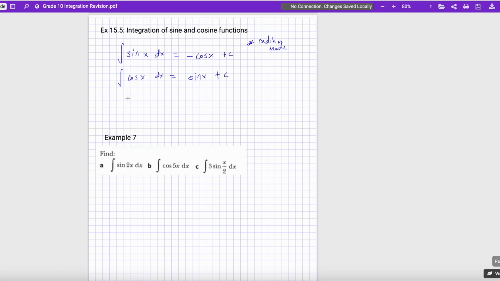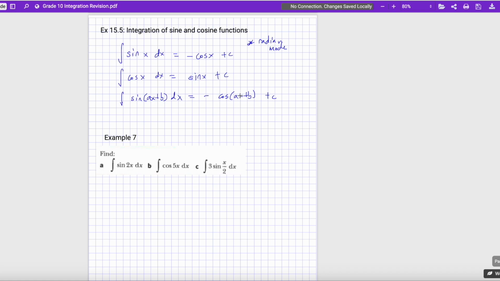Next, let's look at more advanced integration of sine. If we are integrating something like sine of ax plus b dx, then what we'll get is negative cosine of ax plus b plus c.